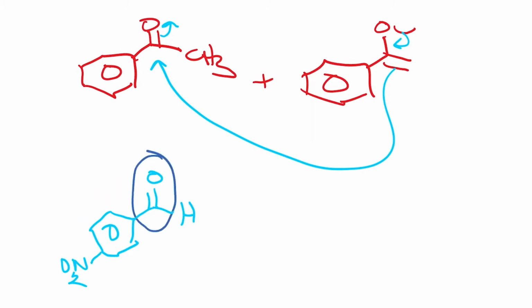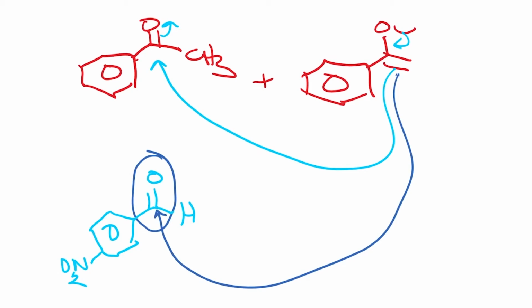Okay, so the enolate, once it is produced, has a choice of reacting with this ketone, or it can react with this aldehyde. And between the two systems, we already know very well that the aldehyde is substantially more reactive, and so this is going to result in the formation of the cross condensation product.